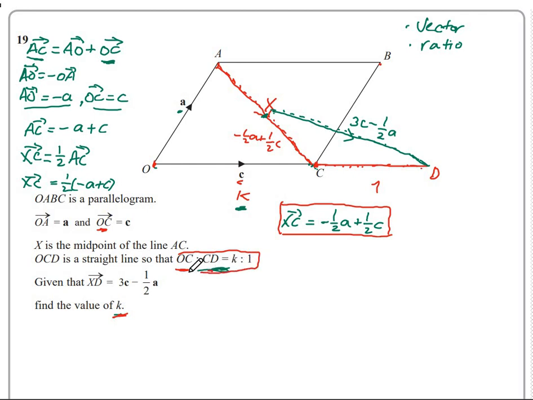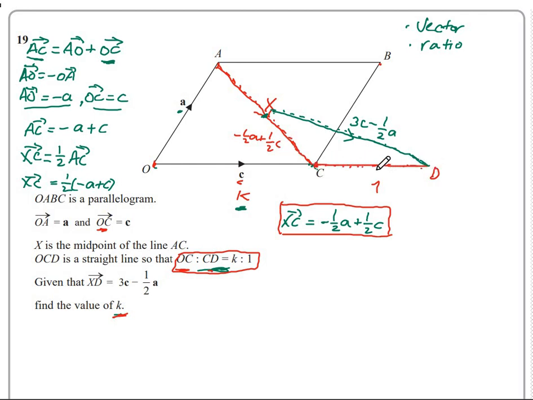So I already have OC, and OC colon CD is the same as the ratio K colon 1. So I know what OC is, it's C. So maybe I need to find CD now. So it's starting to make a bit more sense. So I need to find CD.